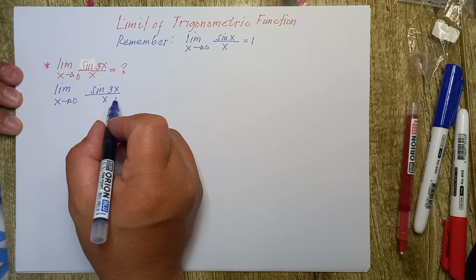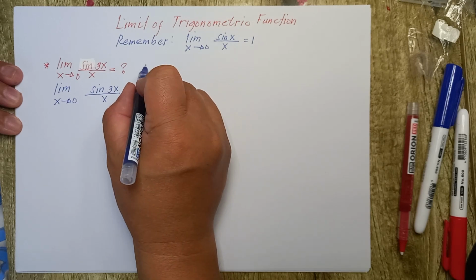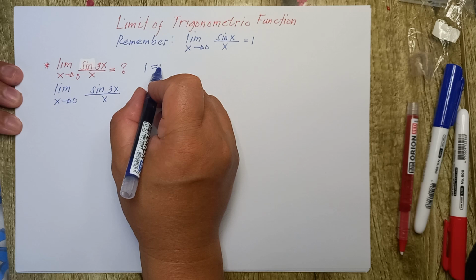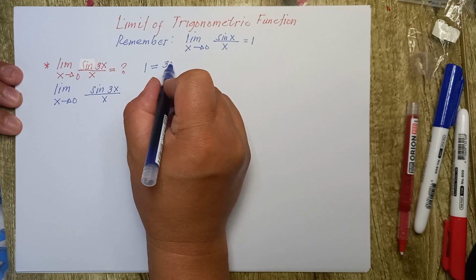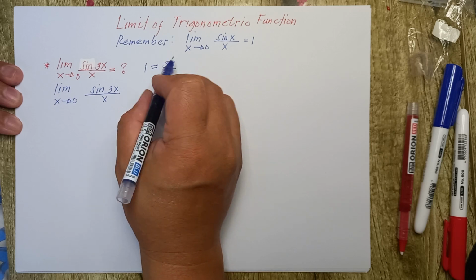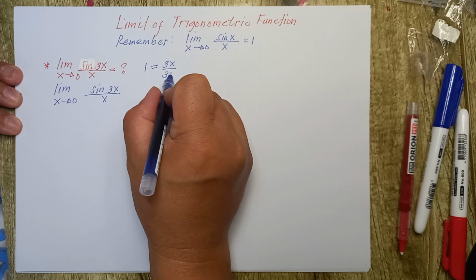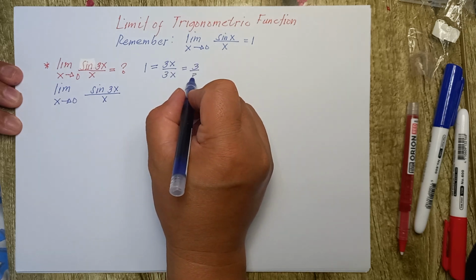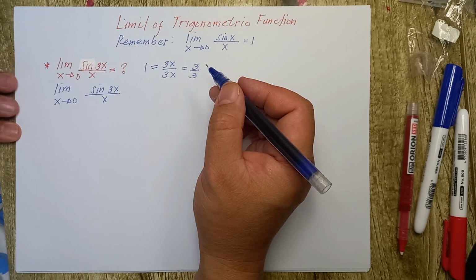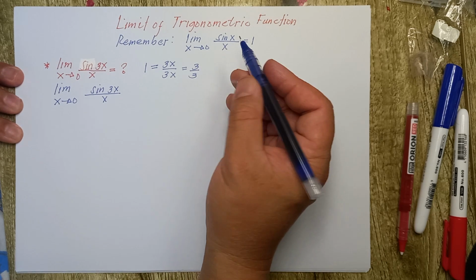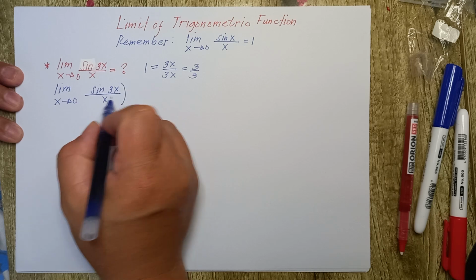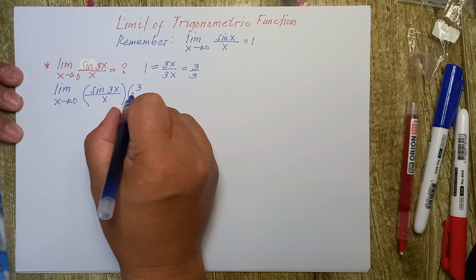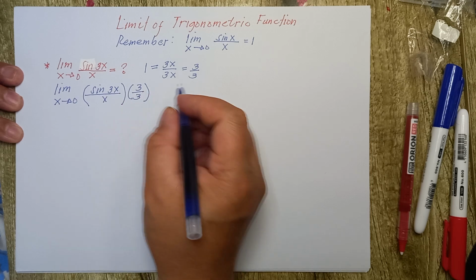Definitely the multiplier is 1. We always make use of 1, or the definition of 1. That is 3x over 3x, or that can be 3 over 3, depending on the need. So our multiplier here is actually 3 over 3, which is the same as 1.